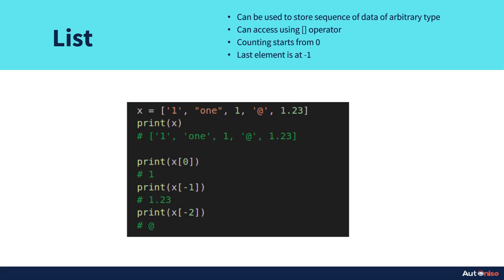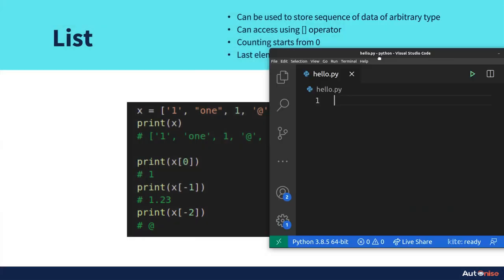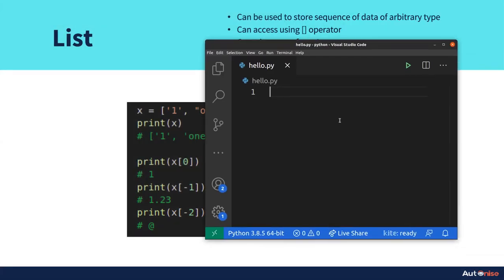Now let's write some code and see more about the list. Let's create our very first list, and let's name it L. After L equals to, we have a square bracket, and within the square bracket, we can have different types of values.